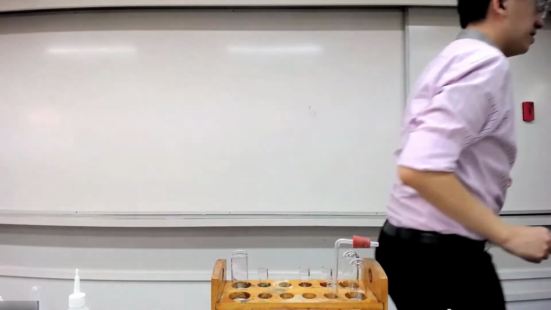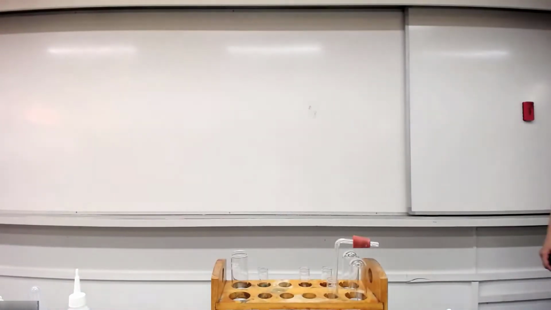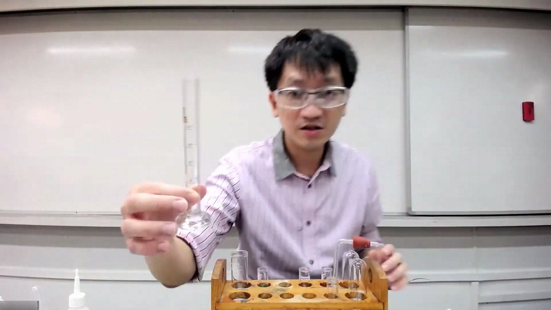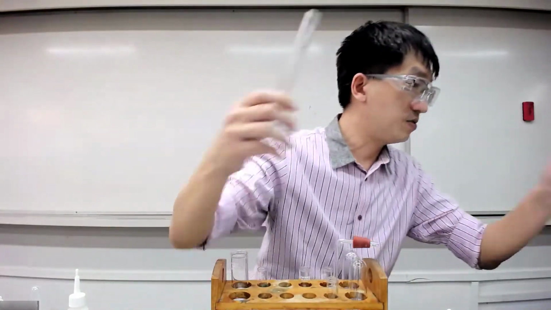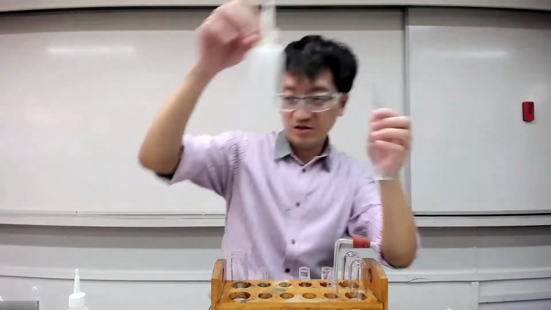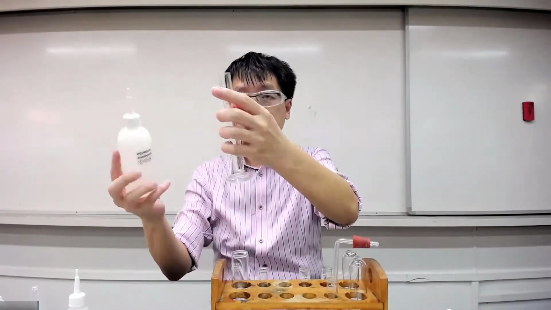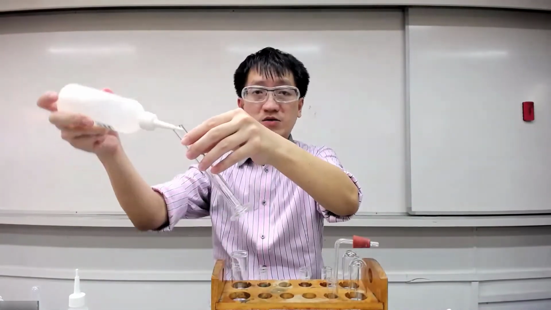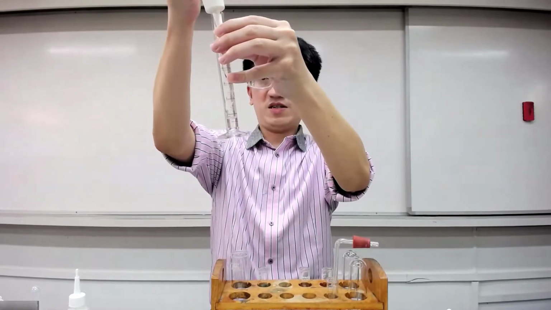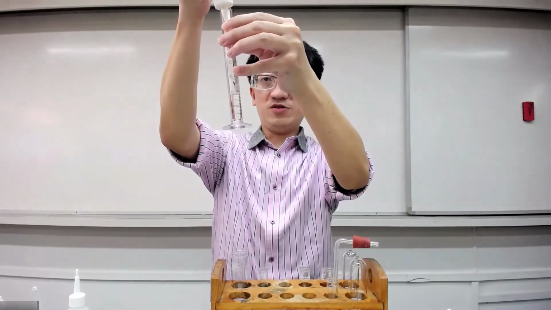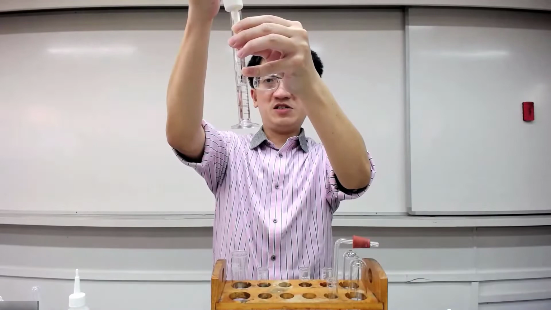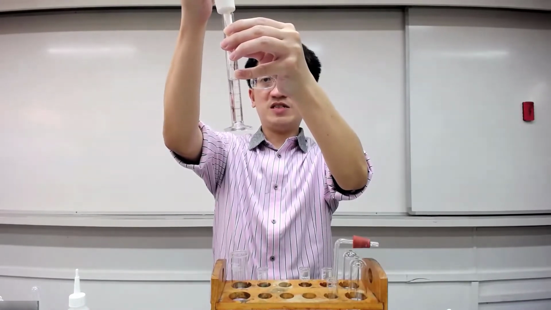So I'm going to take a measuring cylinder. Okay, so this measuring cylinder over here. So I'm going to put in 6 cubic centimeters of aqueous ammonia. Okay, because later on you're supposed to add aqueous ammonia in dropwise. Basically, I'm just following instructions because this is what you're required to do in lab work anyway.